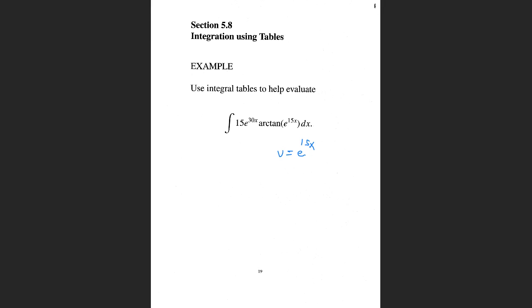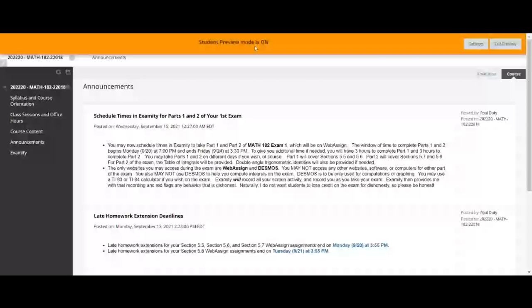We're going to make that substitution, but before we do that, let's look at the table of integrals to locate a formula that might help us find this integral. In section 5.8 in the textbook, there are links that will get you to the table of integrals.